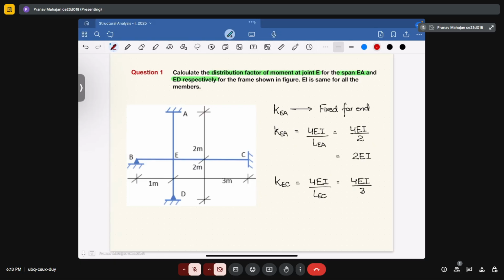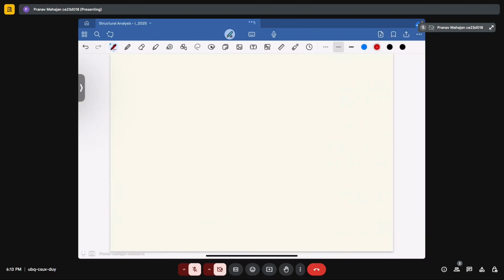Now, the next two far ends are hinged. That means KEB will have a hinged far end.